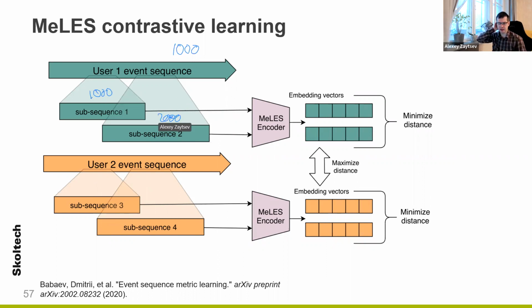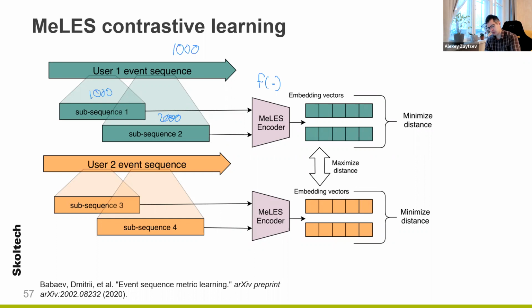They can intersect and they can not intersect. We don't care much. But what we care about is when we apply our encoder model F here and obtain embeddings for subsequences, we want the distance between these two embeddings to be small. We want to minimize the distance between these two types of embeddings.